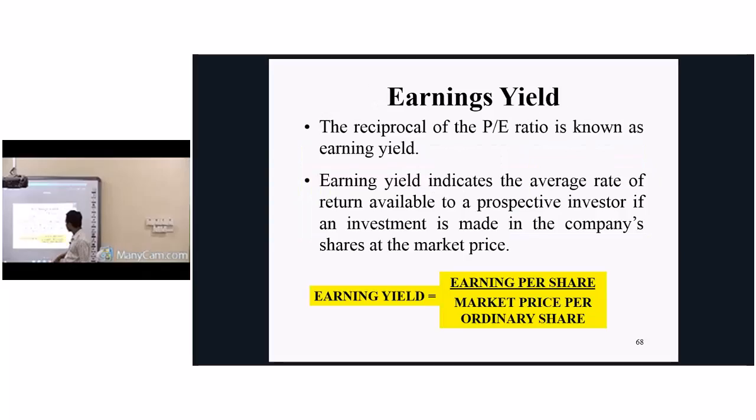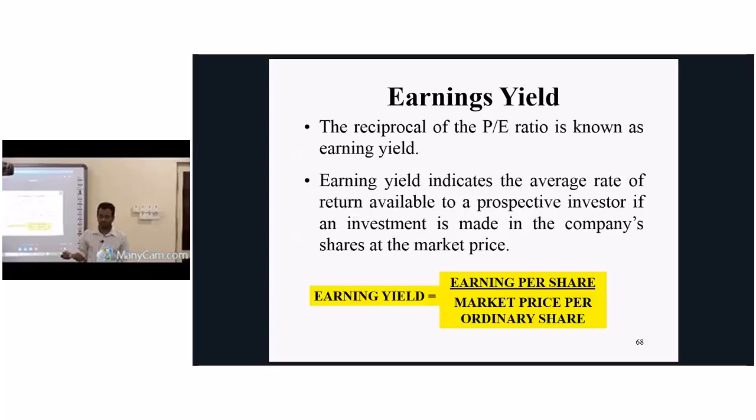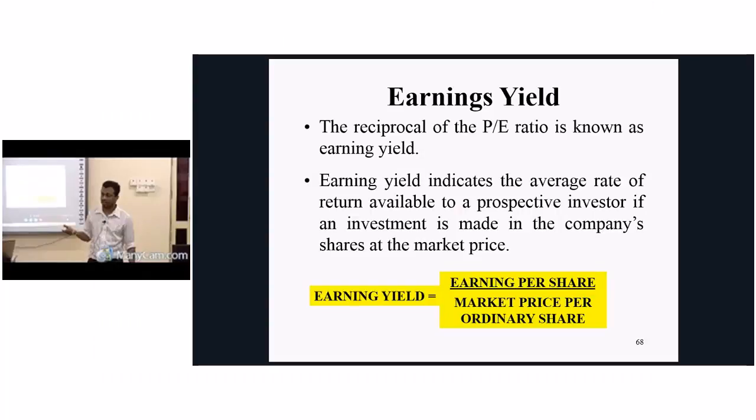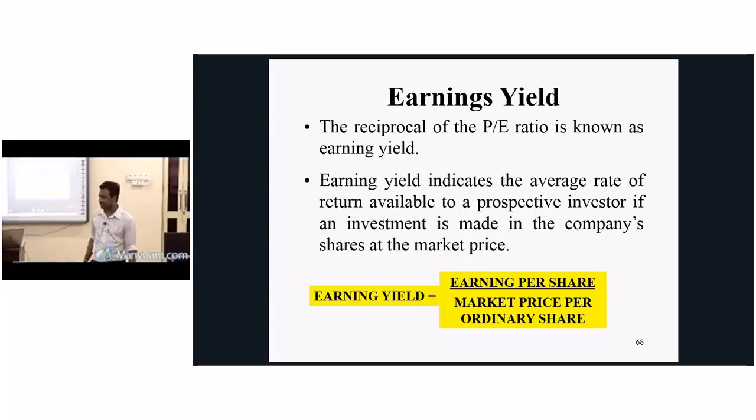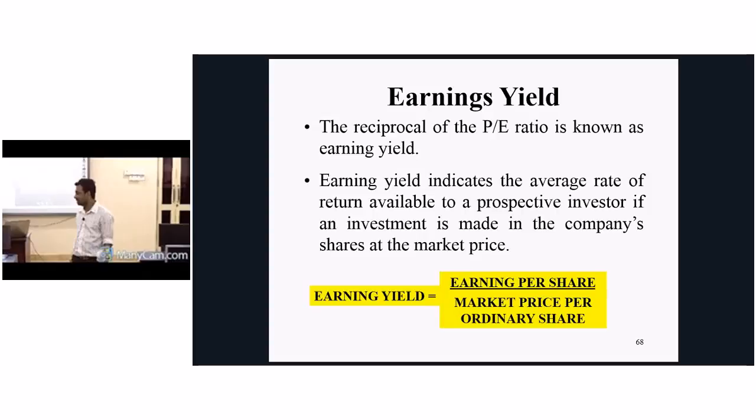Earning yield means earnings over market price per share. In any case, if you take the term yield, market price should be the denominator. Remember, whether it is earning yield or dividend yield, every time market price will be the denominator. It's a kind of shortcut to remember, otherwise these get confused.